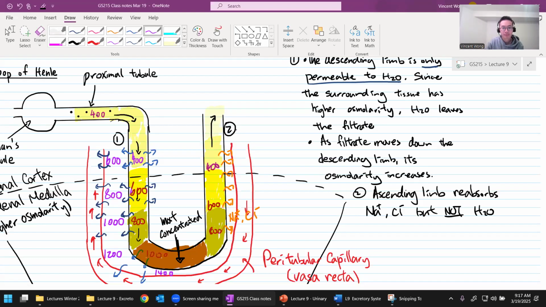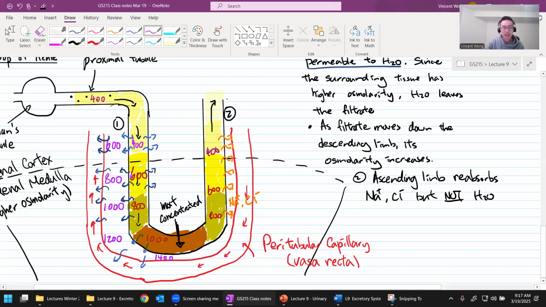Okay? So this NaCl is going to go into the blood, and as you can imagine, it's going to be salty blood over here because of the NaCl, but the salty blood is going to help absorb the water on the other side.